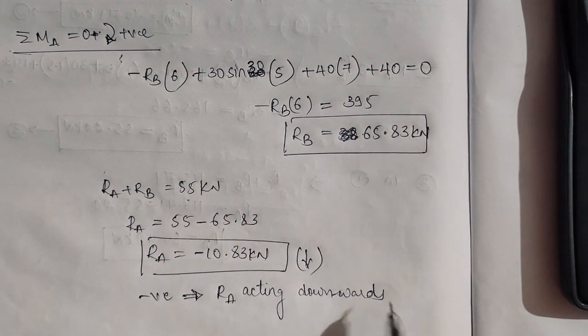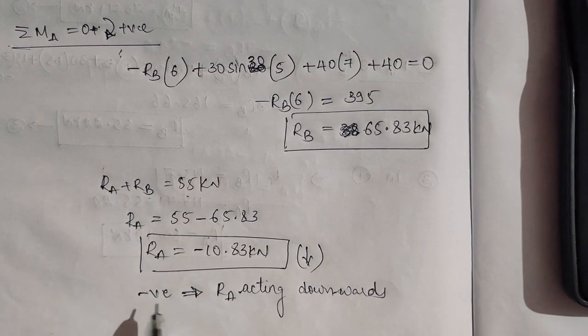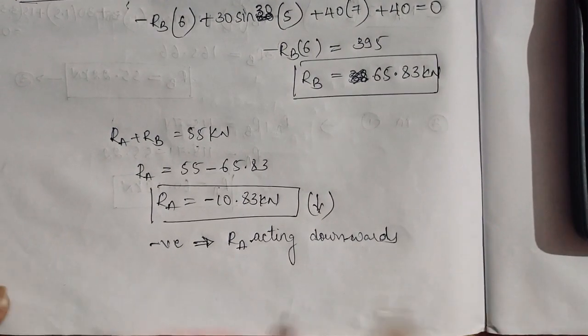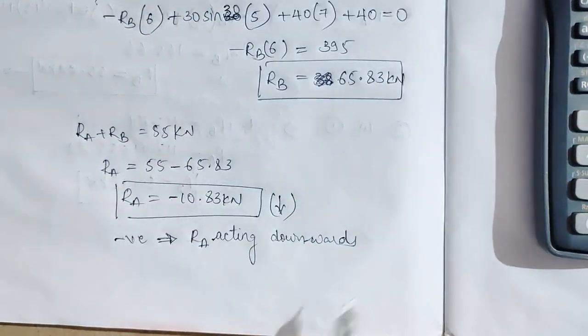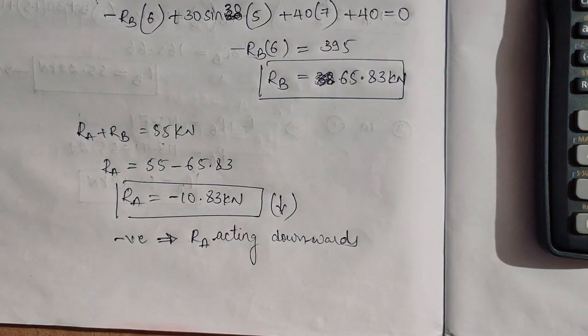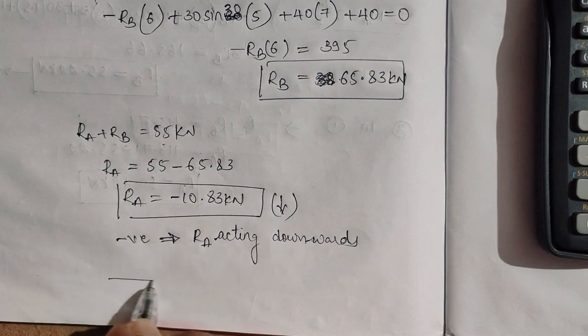Sorry, I'm in a hurry as I am writing, so the handwriting is like this. Negative, so RA is acting downwards. So you have to draw the figure again, whenever you come across a change in sign.